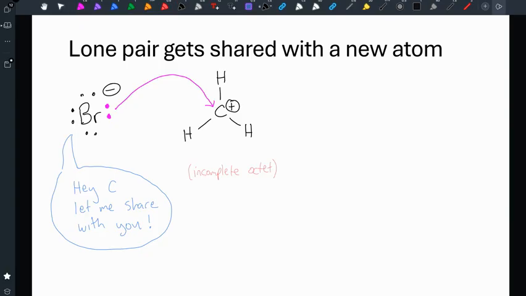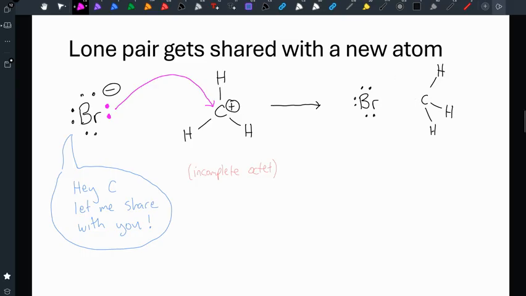And now I want to describe, okay, what do the products of this step look like? Well, now I'm going to form a bond. Bromine still has its three other lone pairs. I could have left those out if I wanted to. Carbon still has its three other hydrogens, but now that lone pair has become a bond. And I made that bond a little too long.